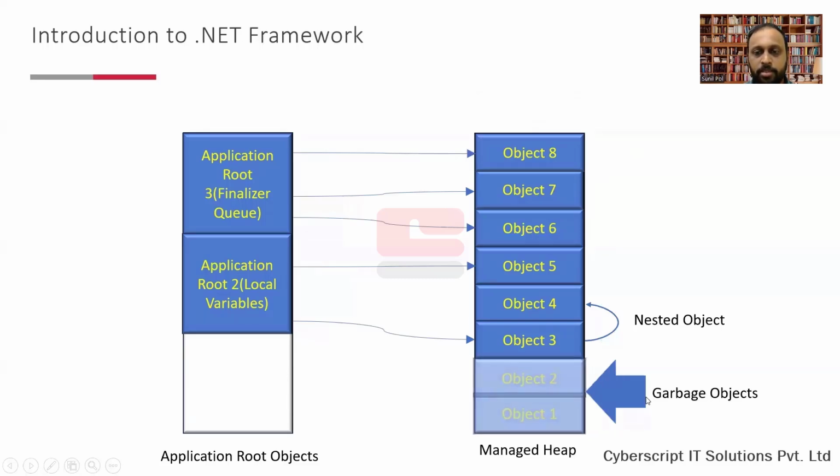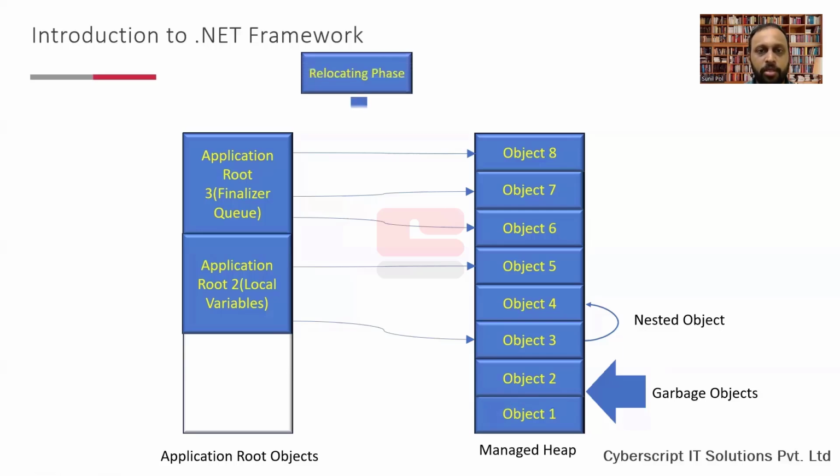So the next step is updating the references. After deletion of object 1 and object 2, these live objects would get relocated to older memory addresses. That's why in the second phase, we will update the references to the new memory locations.